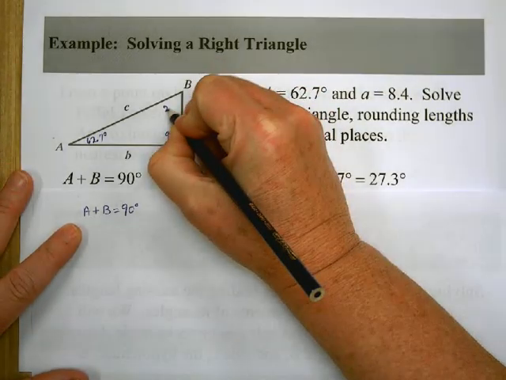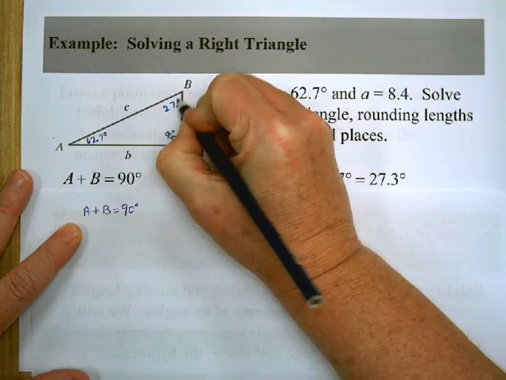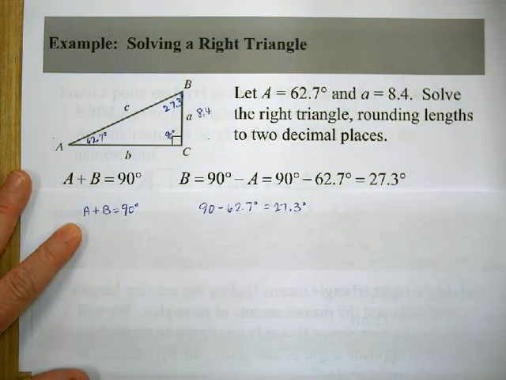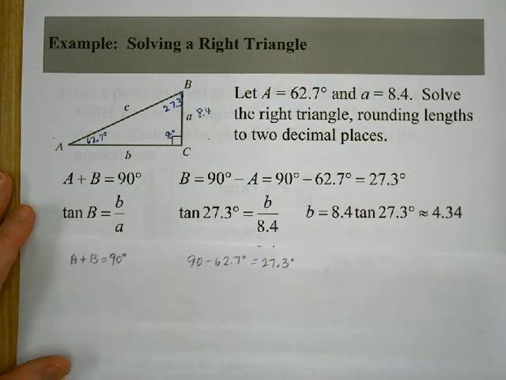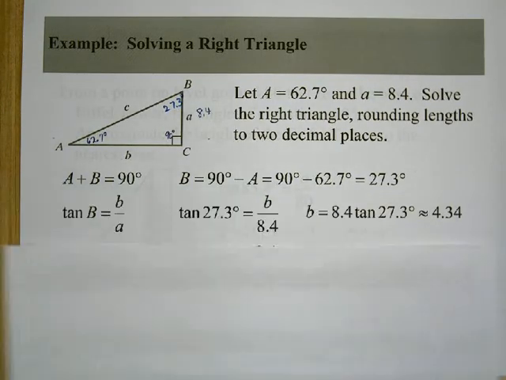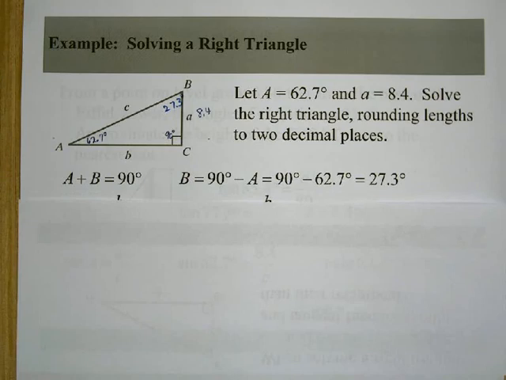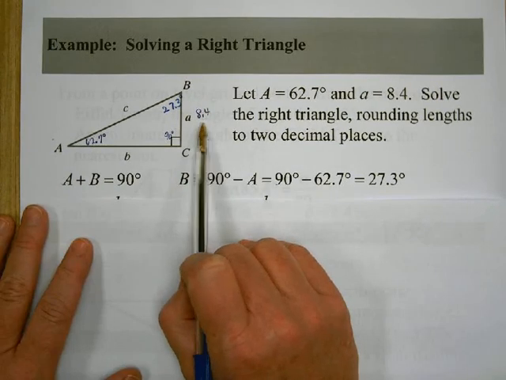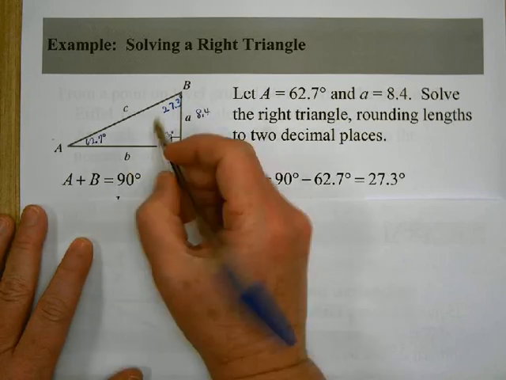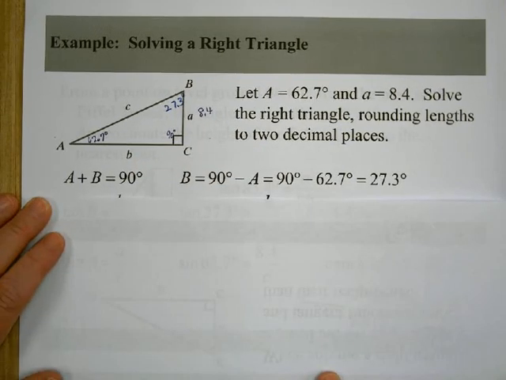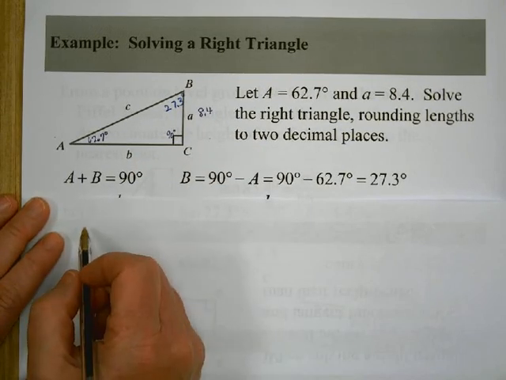Now, I'm going to record that here, 27.3 degrees. I used a little bit different color; I'll talk about that in just a second. Now, we want to find the lengths of the sides. I know that a is 8.4. If I want to find b, I want to be sure that I know which angle perspective I'm looking from.